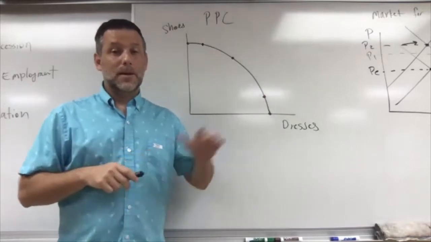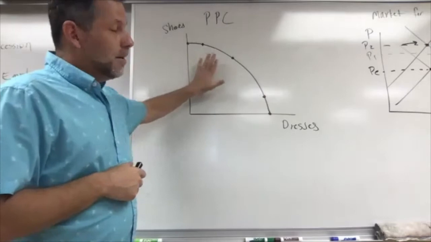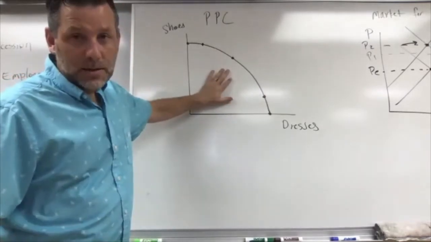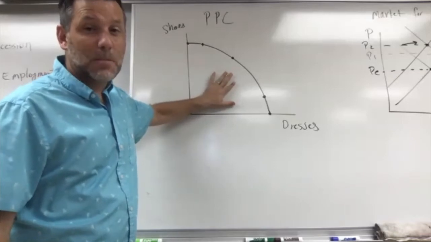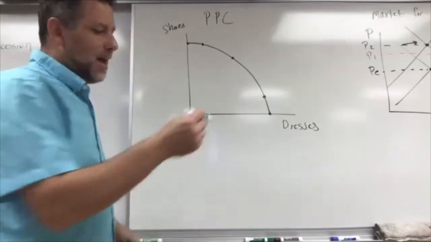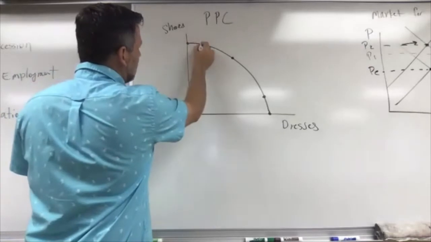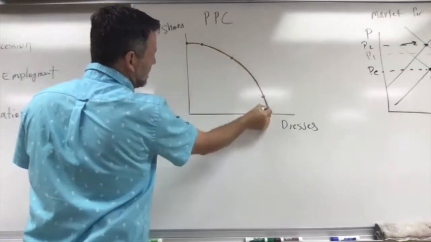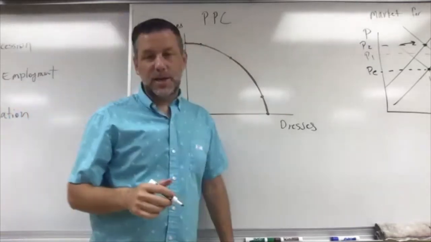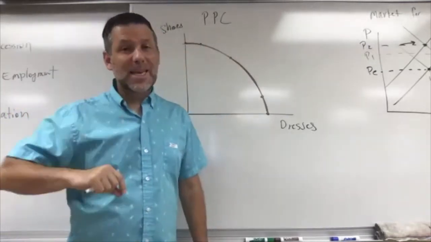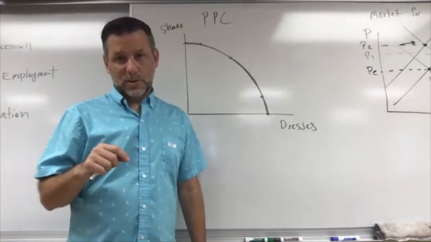Now, the most important idea of this model for us, when we take this to macroeconomics, is that this line represents an amount of production that we should get when we use all of our resources.